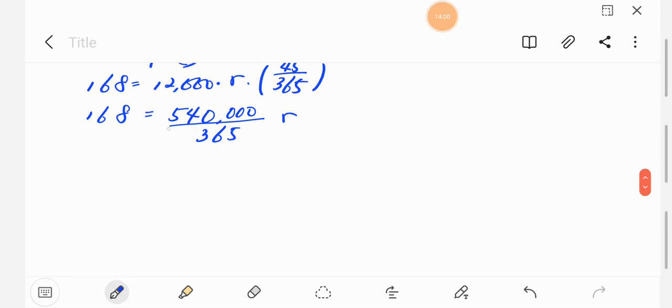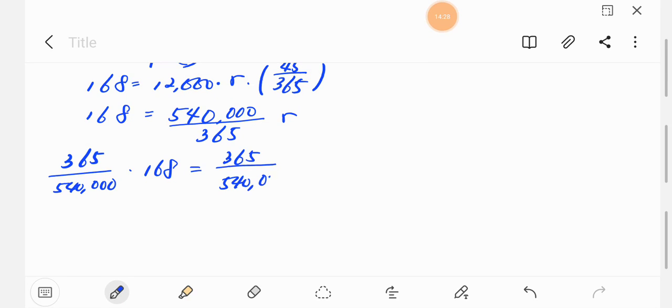So to find R, let's get rid of this fraction. So why don't we multiply by the reciprocal of this fraction? So 365 over 540,000 to the left and also to the right.